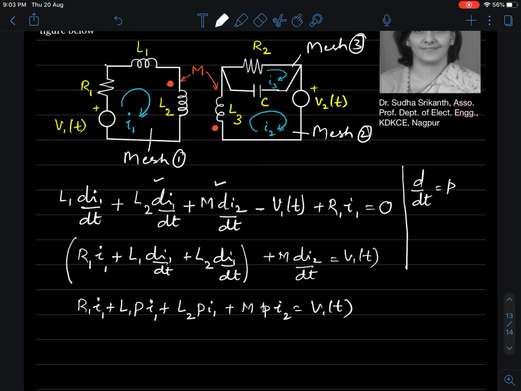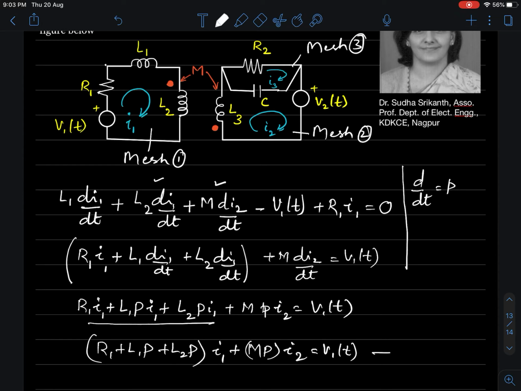I can group the terms now containing I1. All these three have I1 in common. So I can write this as R1 plus L1 p plus L2 p into I1 plus M into p into I2 equal to V1 of t.